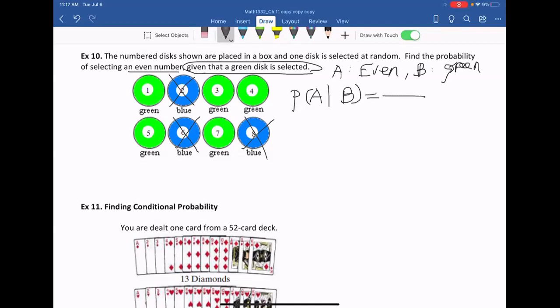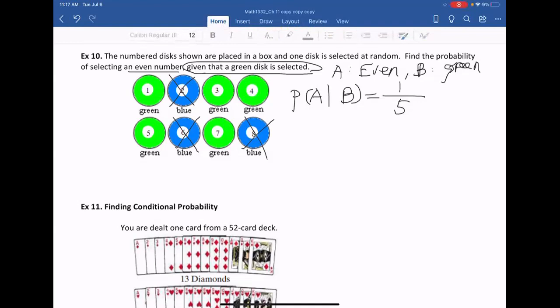We have 5. How many even numbers? We only have 4. So the number of this kind of disc is 1. That is 1 over 5.